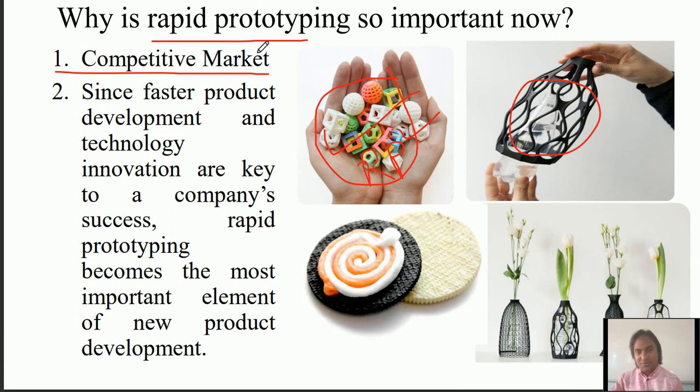See, there are two types. First is rapid prototyping, and what is used to make a prototype rapidly is 3D printing. So with these cookies, all these are the prototypes.